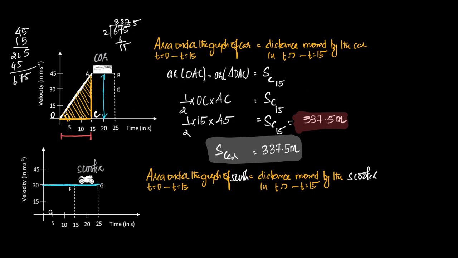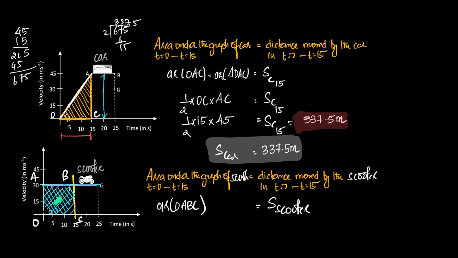So the area under the graph from 0 to 15 means the area under the graph up to this. I'll use a different color to highlight. So it is this area we are talking about. Now, if you name it O, A, B, S for the scooter, we have area of OABS equal to the distance moved by the scooter.